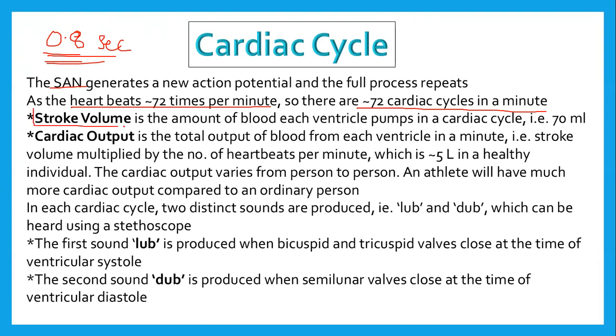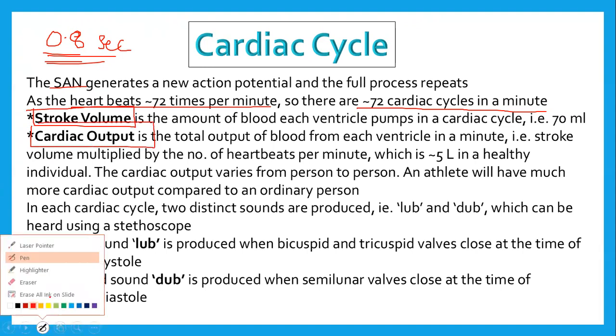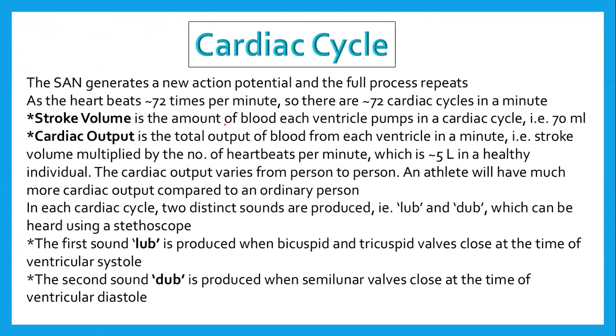Next important terms, both of them, stroke volume and cardiac output. What do you mean by stroke volume and what do you mean by cardiac output? Stroke volume is the amount of blood each ventricle pumps in a cardiac cycle, and its amount is 70 ml. Each ventricle pumps out 70 ml of blood. Next, you have the cardiac output.